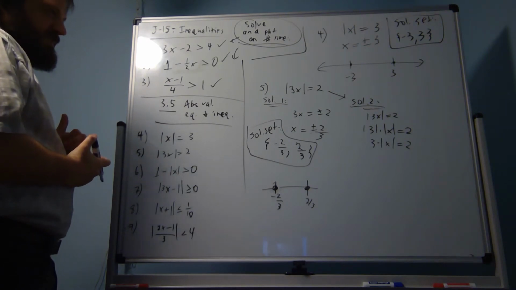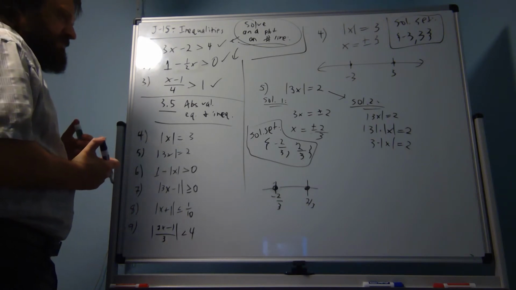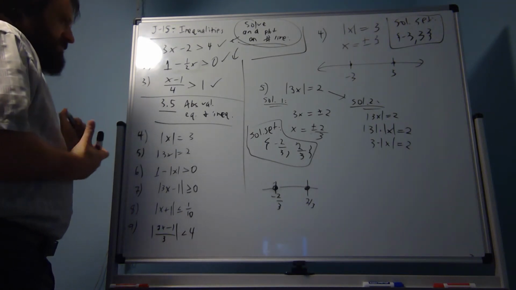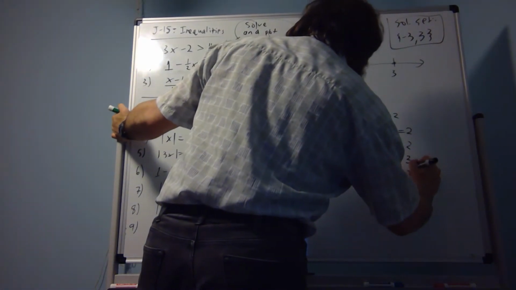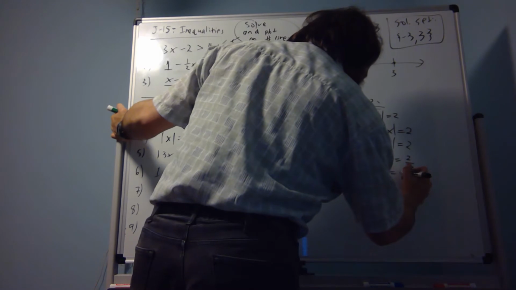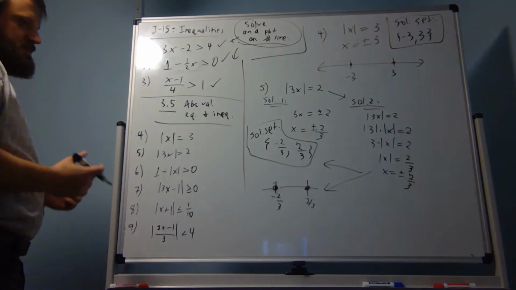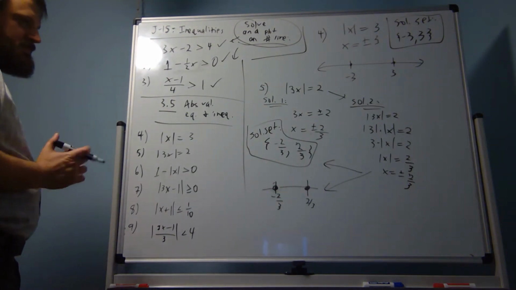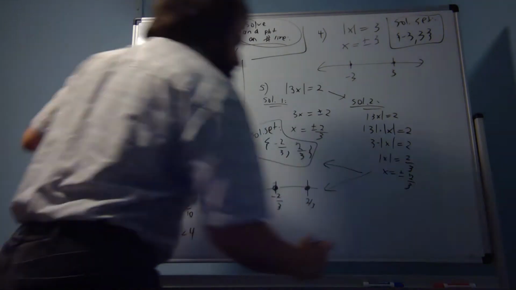So that's something you can do with multiplication. With addition, you can't really do it. I didn't have to do it this way, so sure, absolute value of x is 2/3, x is plus or minus 2/3. And yep, get all of the same stuff.